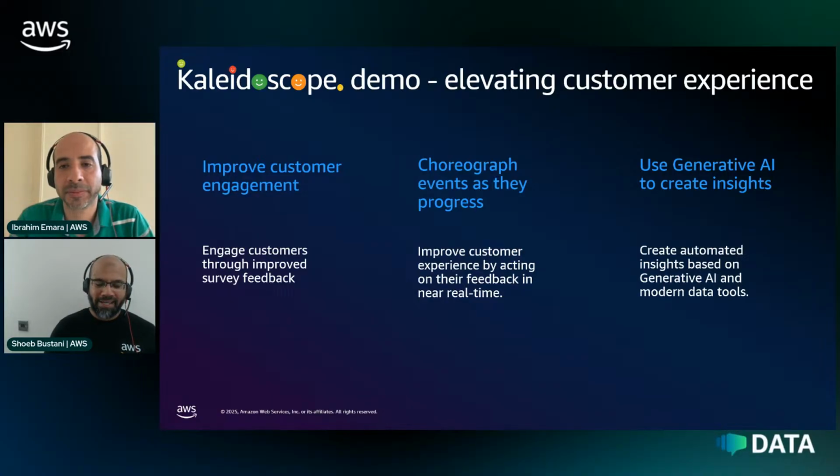It's a very usual cross-industry demo, focused on customers and on improving customer engagement. With live or near-live feedback, they can improve or choreograph the events. They can also use GenAI to create insights. That's what Kaleidoscope is.